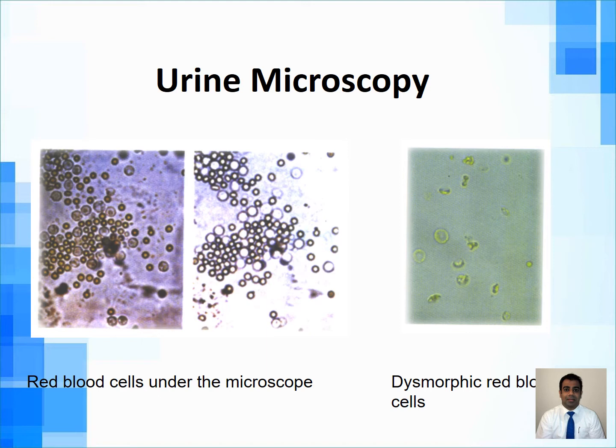And we clinically talk about dysmorphic red cells. The presence of dysmorphic red cells indicates that this hematuria is coming from the kidney.